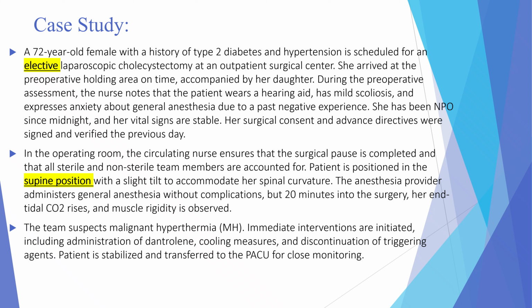Always they call adult. But let's say a 72-year-old female with a history of type 2 diabetes and hypertension is scheduled for an elective, you see, it's a keyword, elective, laparoscopic cholecystectomy in an outpatient surgical center. So that is like in and out, right?